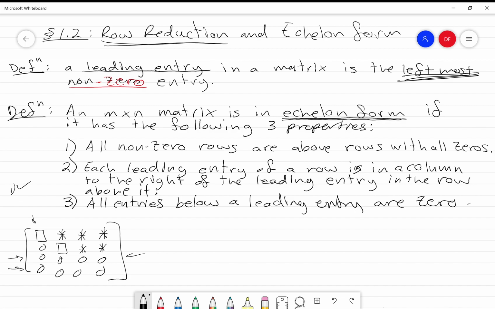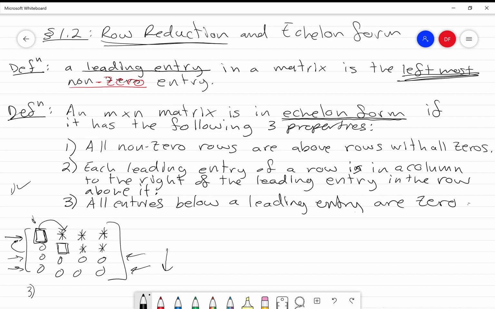You see, all of the rows that are 0 are on the bottom. Condition 2 is met. You see, this is a leading entry, and it's to the right of the leading entry in the row above it. And condition 3 is also met because all entries below a leading entry are 0.